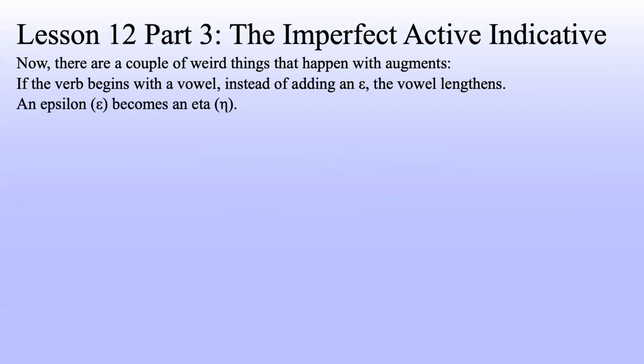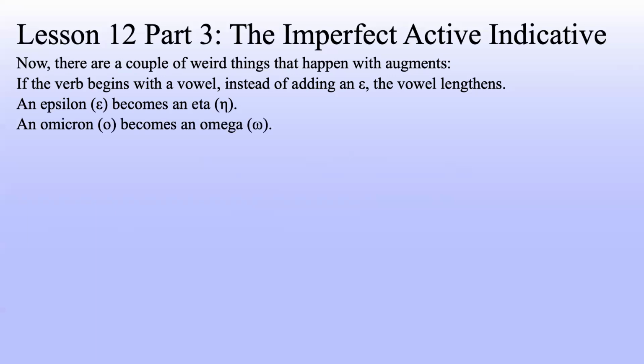An epsilon is going to become an eta. So if there's an epsilon at the beginning of a verb, and we need to add an augment, instead of adding another epsilon, the epsilon in the stem is going to lengthen and become an eta.